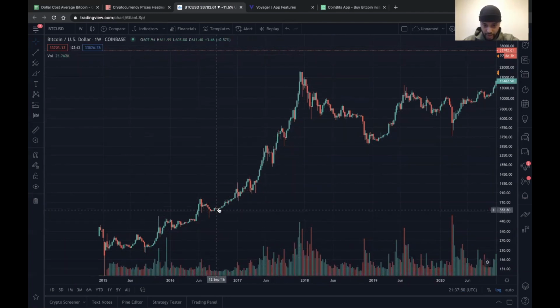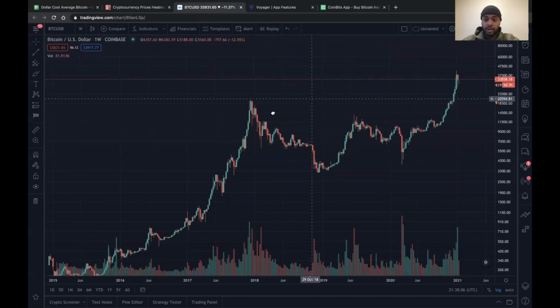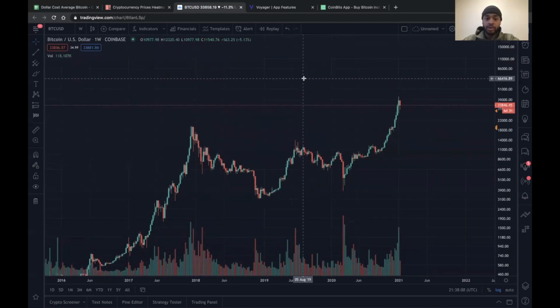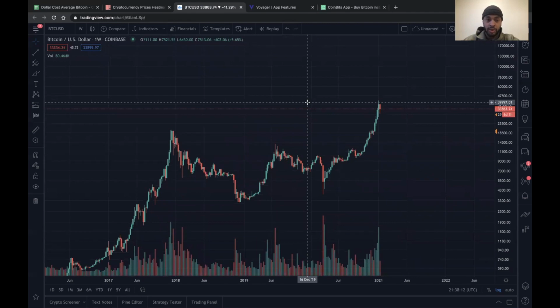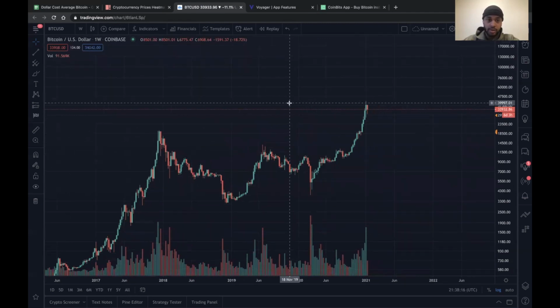So if you're averaging in, averaging in, averaging in, by the time you get up here, even if this big correction comes all the way down, you're probably still going to be in the green because you were buying in way back here. So, like I said, the whole point is to avoid a big drawdown on your capital, just week by week, little by little, invest it, and then big red days, you might want to put a little bit more in.